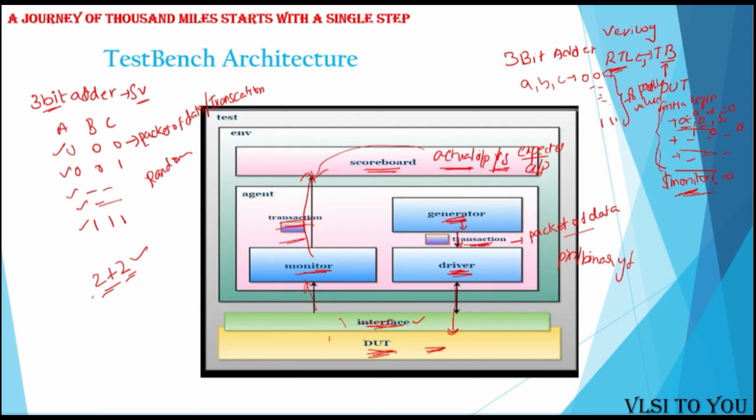The scoreboard will compare these two values: is the actual output the same as the expected output or not? If not the same, it will take the necessary measures, like there is some bug in it, so it will check everything. So this is what is happening.